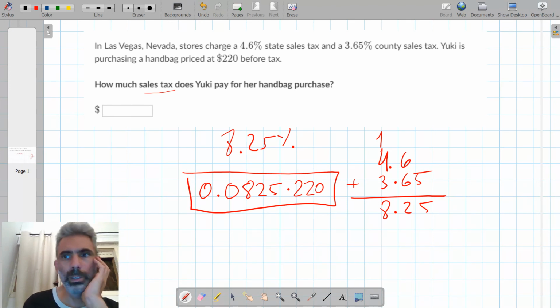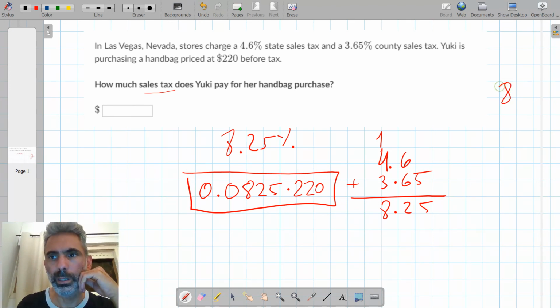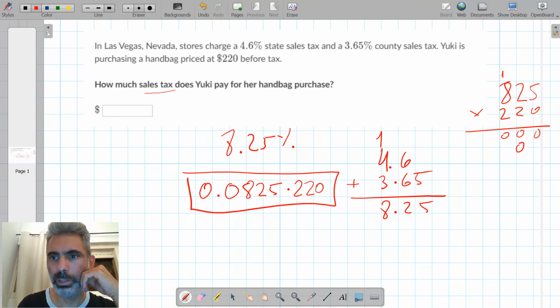Okay, so this is 825 times 220. 0 times 5, so it's all zeros here. 2 times 5 is 10. 2 times 2 is 4. 4 plus 1 is 5.